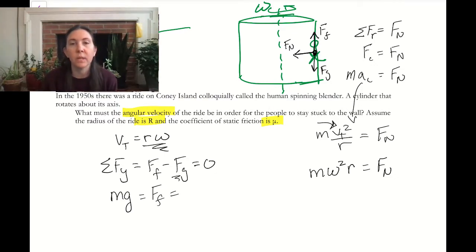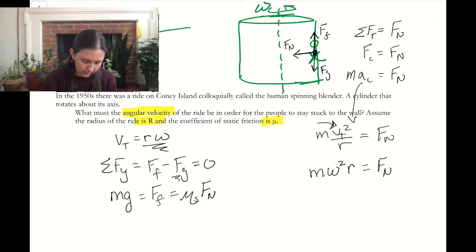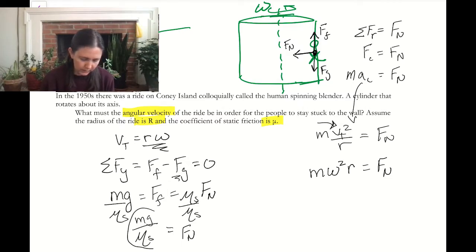Now we can substitute in our equation for the force of friction as just mu times the normal force. In this case, it's static friction, mu sub s, times the normal force. And then we can just divide both sides by mu sub s to get our normal force is equal to mg over the coefficient of static friction. So we can take this equation then and plug it in right here for the normal force.